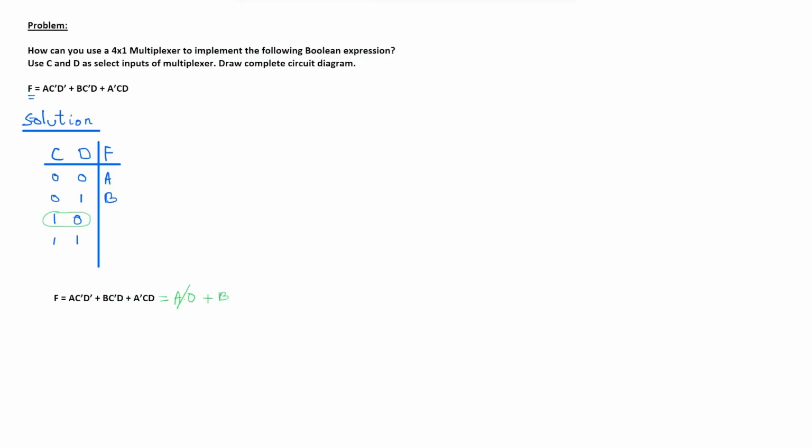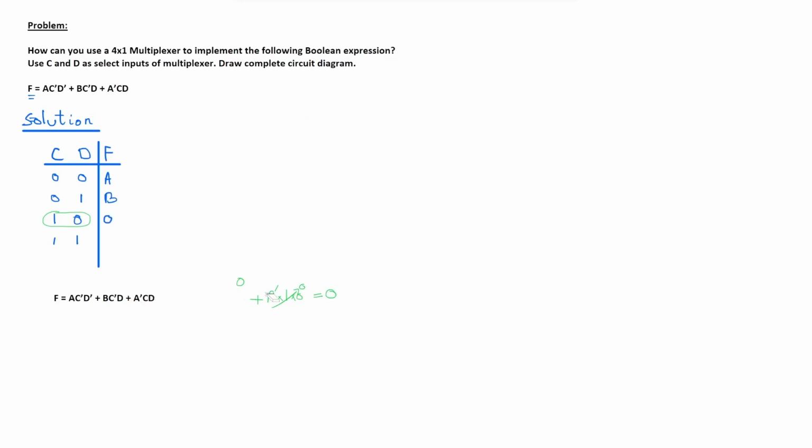C is 1, so C prime is 0. Also, this will be gone. Plus, last term, we have A prime multiplied by C. C is 1 in this row, multiplied by D. D is 0, so this will be gone. So in this case, we will pass 0 to the output.